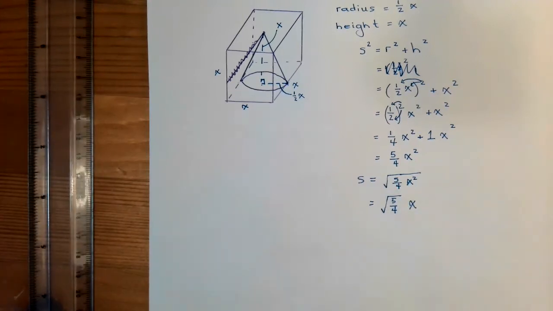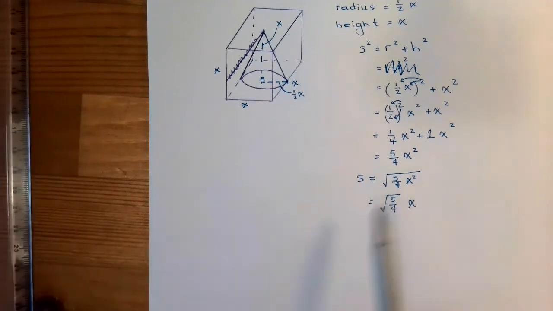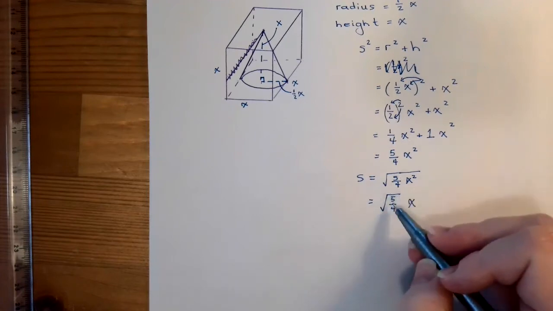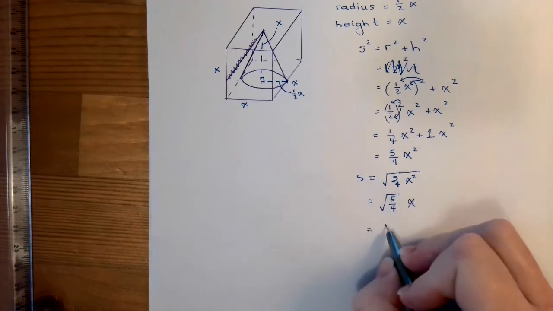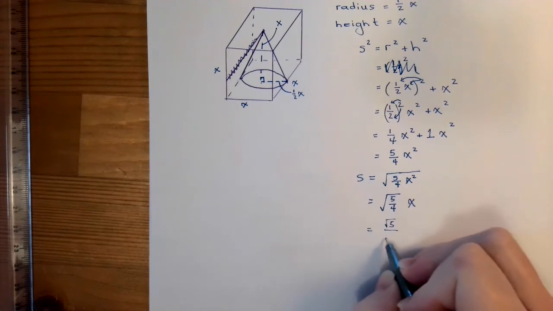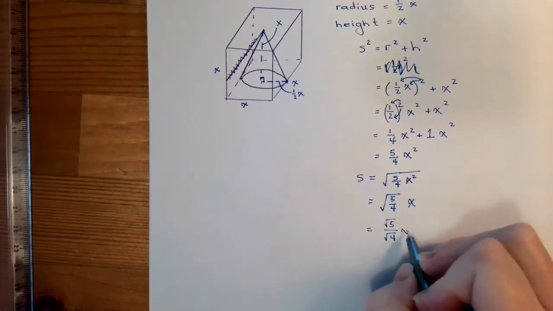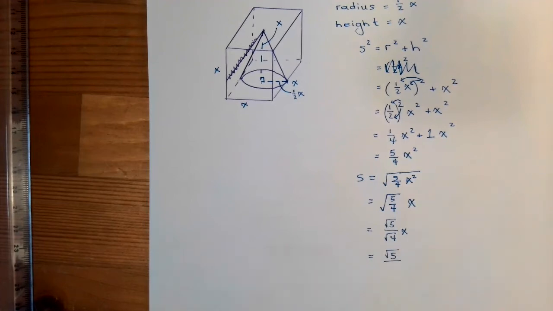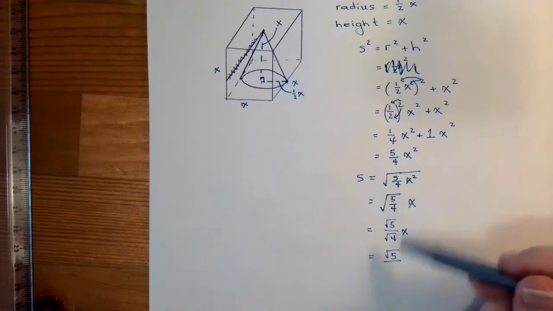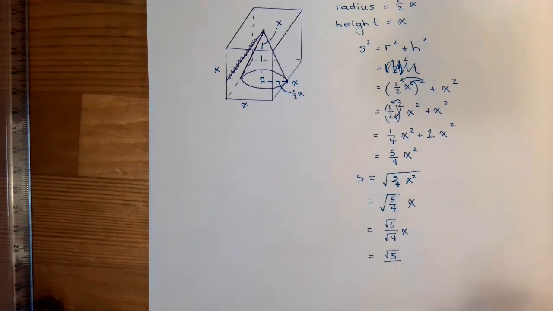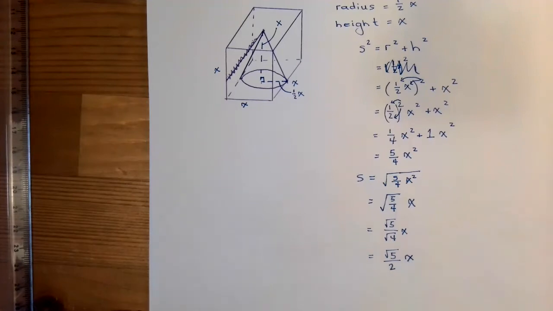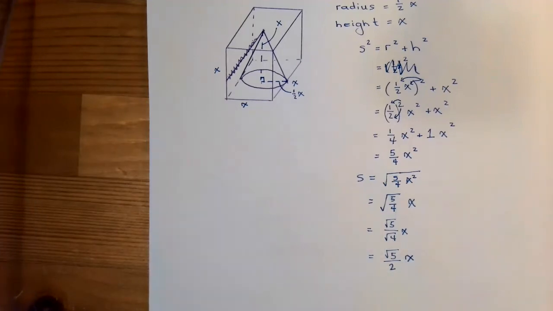We can leave it like this, or we can simplify the radical. This is the same thing as the square root of 5 over the square root of 4, times x. The square root of 5 just stays, because it gives a long decimal answer, but the square root of 4 is 2. So it's root 5 over 2 x.